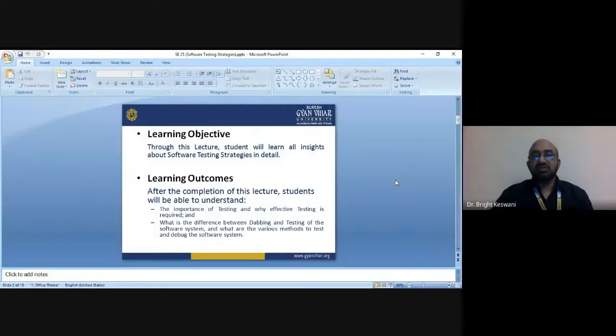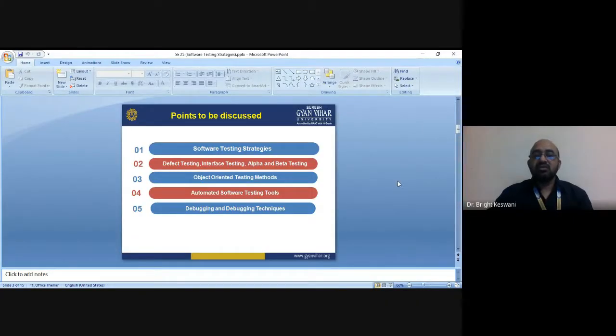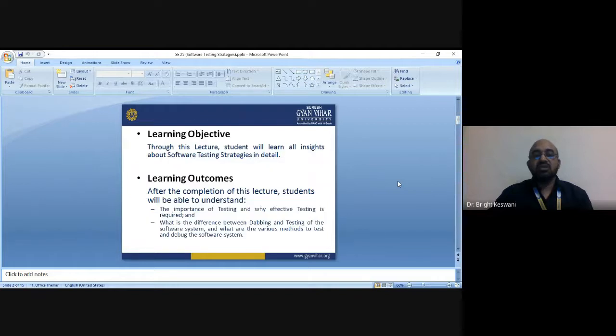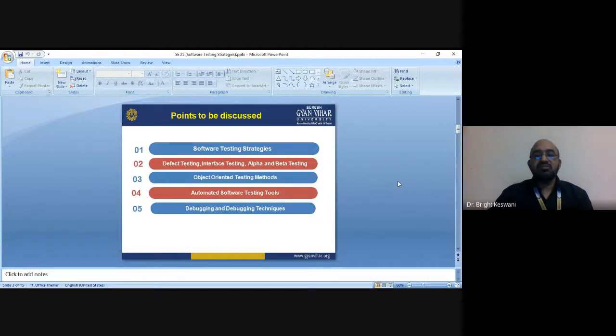And secondly, you will understand the difference between debugging and testing of the software system, and what are the various methods to test and debug the software system. These are the learning objectives and learning outcomes of this lecture.